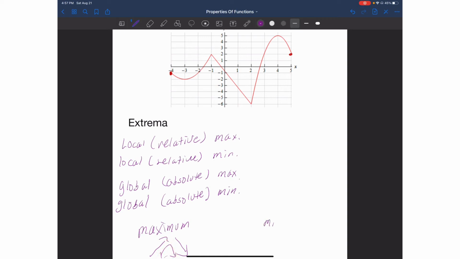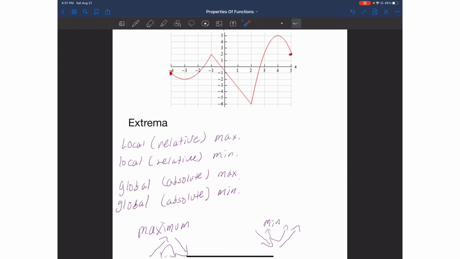Same thing, your minimum will happen opposite, when your function is decreasing and it starts to increase. You can see your y values going down, down, down up to here, and then once they get to that point, they start going up. So it's pretty easy to identify them once you remember when they happen.